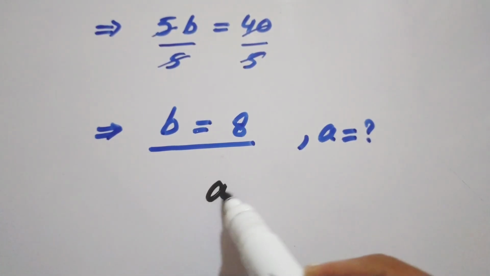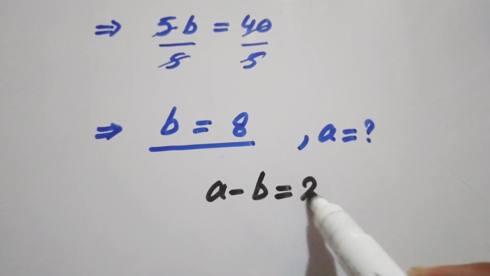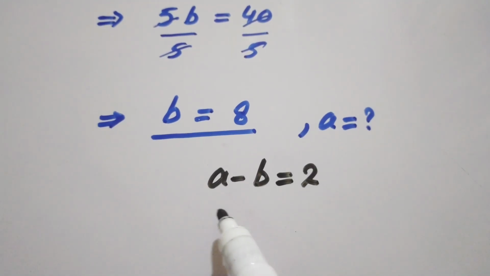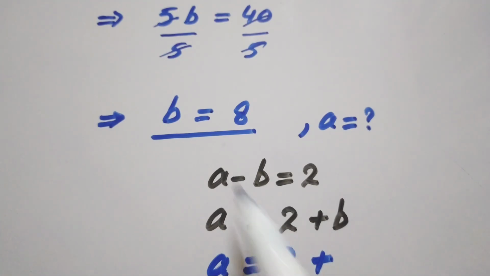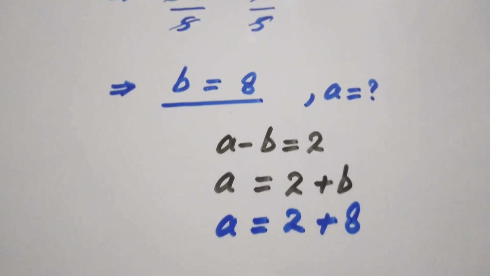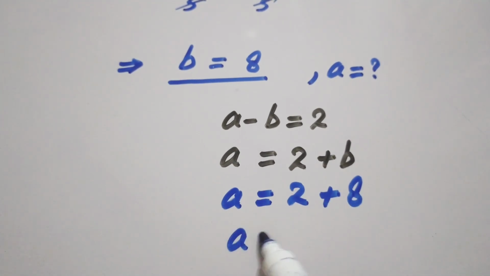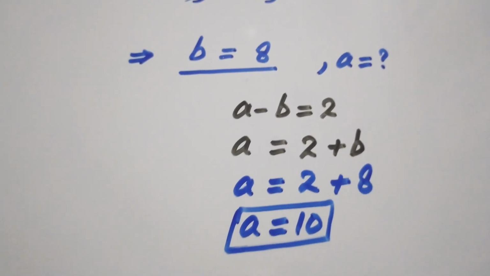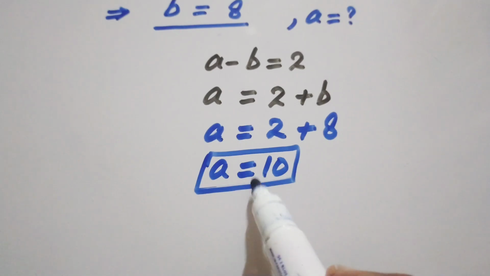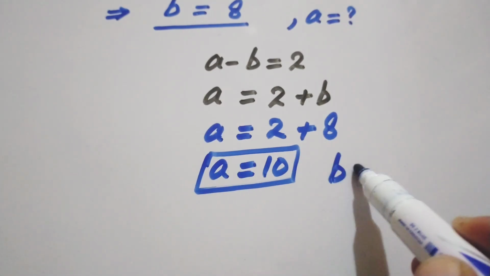As a minus b is equal to 2, by moving b from the left hand side to the right hand side, this will be positive. Using the value of b, a is equal to 2 plus 8, and we get a is equal to 10. So in the first case, we get a is equal to 10 and b is equal to 8.